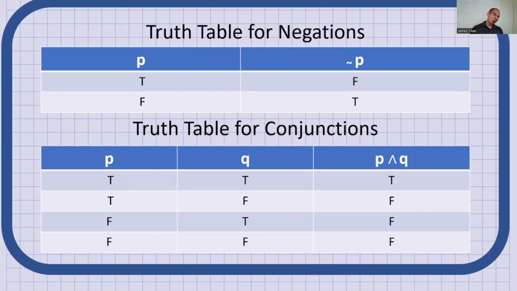Am I supposed to use all or no? All right. So obviously, if I'm given that P is true, then negate it, it'll be false. Make sense? If it's false and I negate it, it'll be true. It's kind of like if I negate a positive, it'll be a negative. If I negate a negative, it'll be a positive.